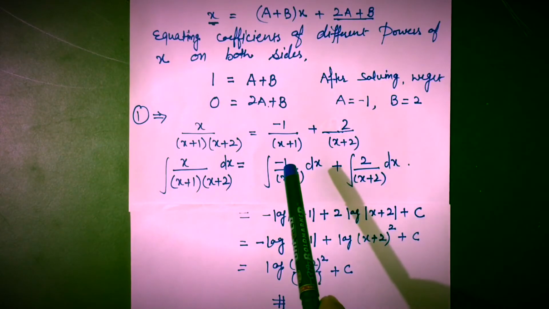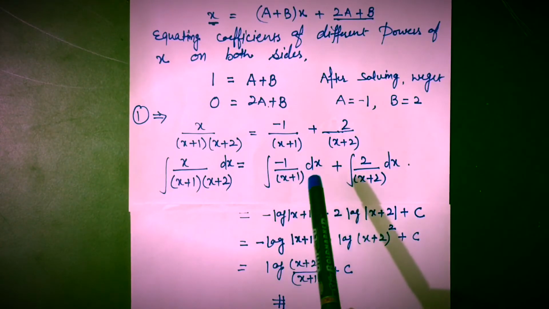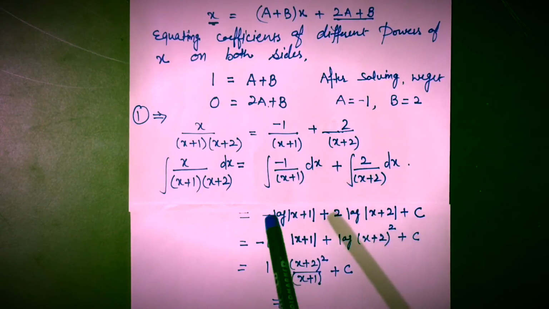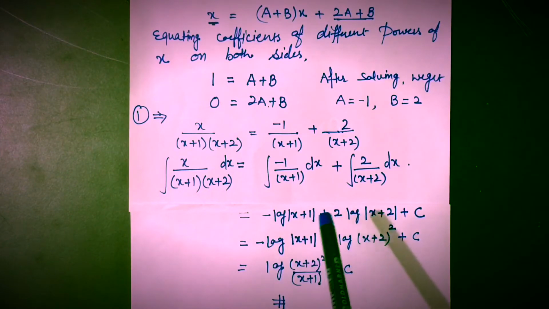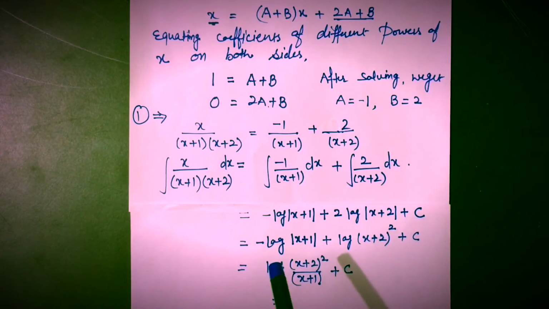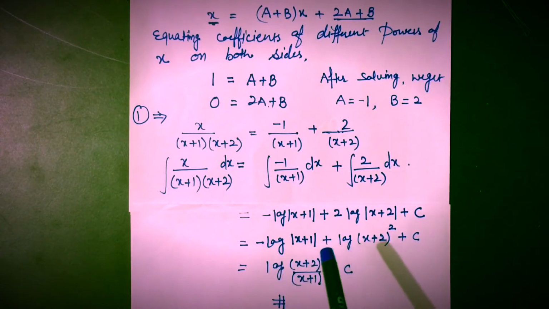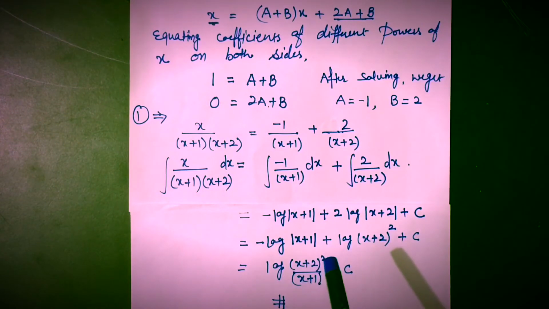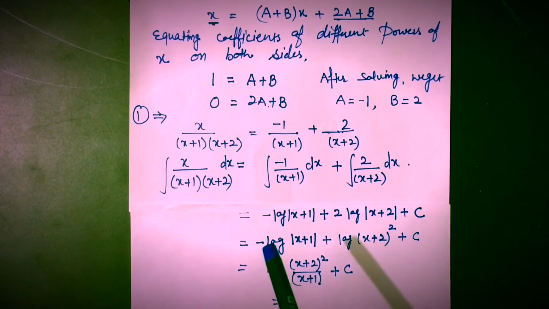We have formula for 1 upon linear factor: if we have linear factor on the downside and in the numerator we have constant, then we get minus log of x plus 1, and for same here 2 into log of x plus 2 plus c. Now minus log of x plus 1 plus 2 log of x plus 2 becomes log of x plus 2 whole square, this is positive sign and this is negative sign, then we will get log of x plus 2 whole square upon x plus 1 plus c.